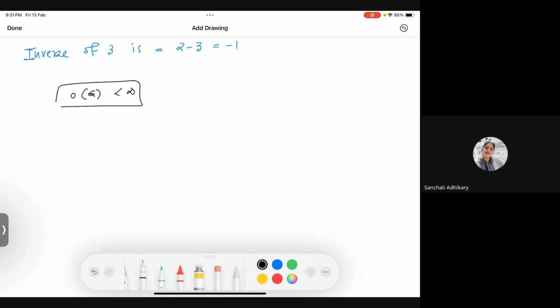Is it even? Is it odd? This is my question. Order 2. How many elements of order 2? Okay. Can you tell me?